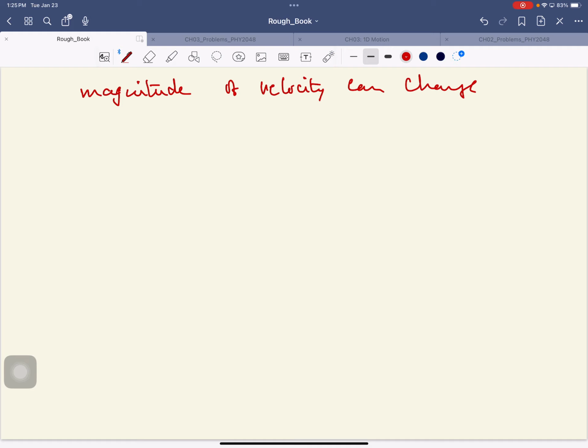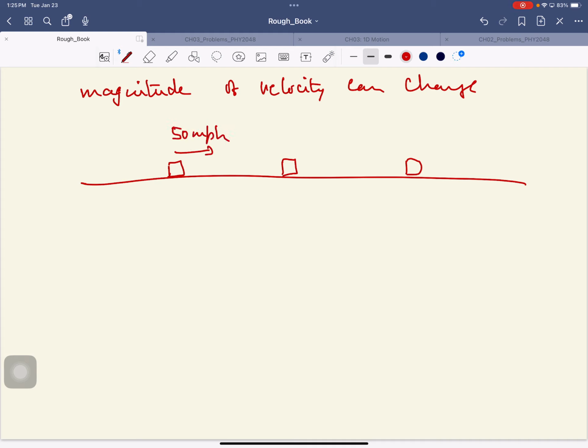So now I'll give you that example. You're driving on 95 and there's 50 miles per hour, 60 miles per hour, 70 miles per hour. So here, in this example, only the magnitude was changing.